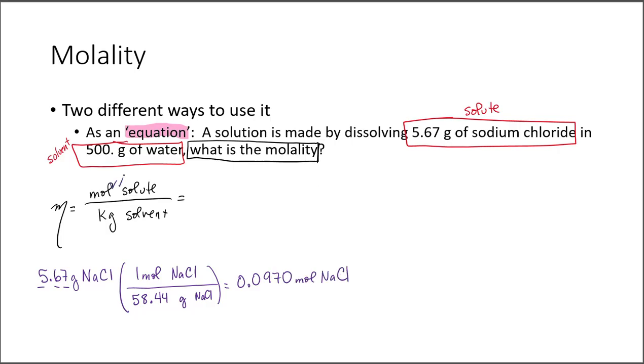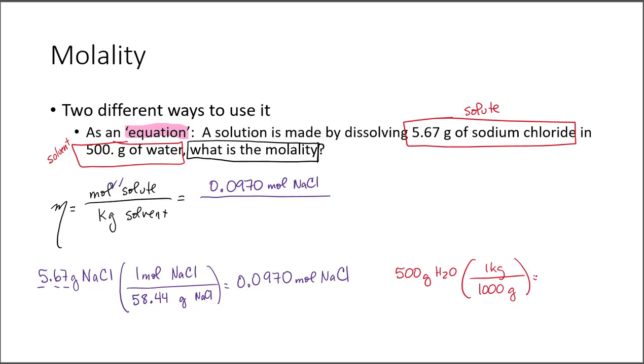So check, check. We've got the top part of our fraction, 0.0970 moles of sodium chloride, divided by 500 grams of water. There's 1,000 grams in every 1 kilogram. I don't know why I'm doing this on my calculator.